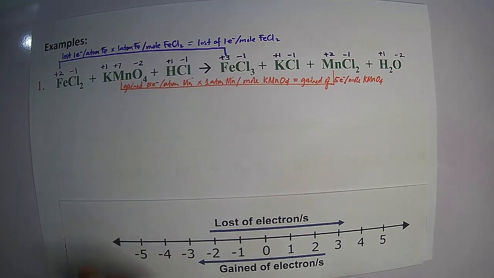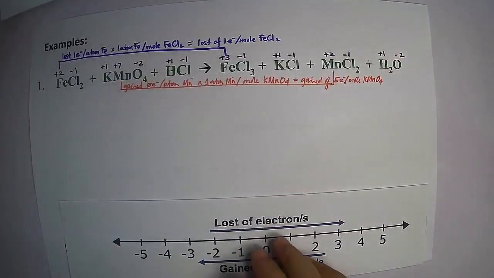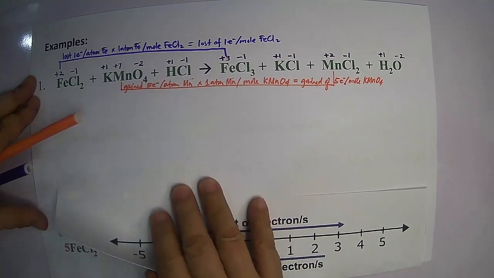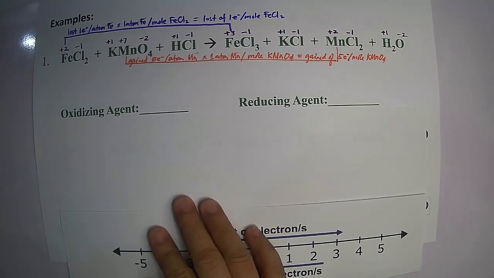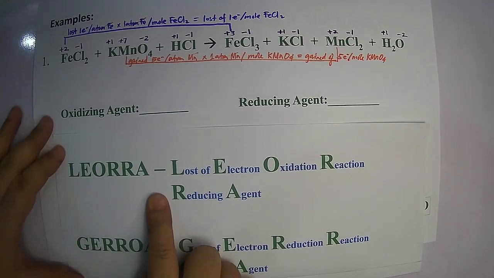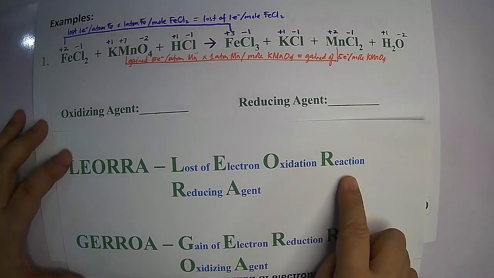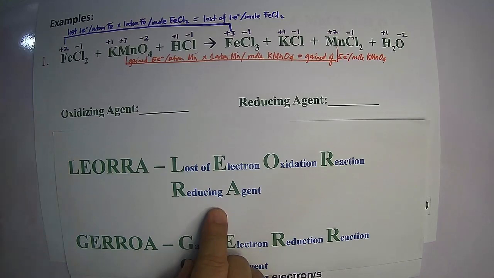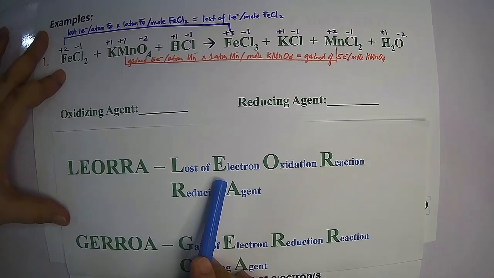Now that we have determined the total change for each, by the way, we first identify which is our oxidizing agent. From our previous discussion, you have the acronym LEO the lion says GER. Loss of electrons undergoes oxidation reaction, and it is the reducing agent. The reducing agent and oxidizing agent are found at the reactant side. So the one that lost electrons is the element iron.